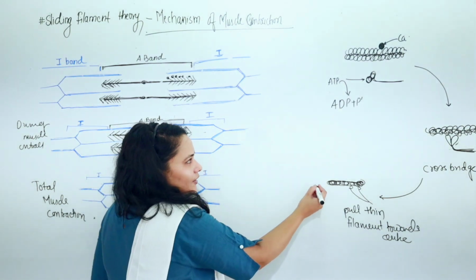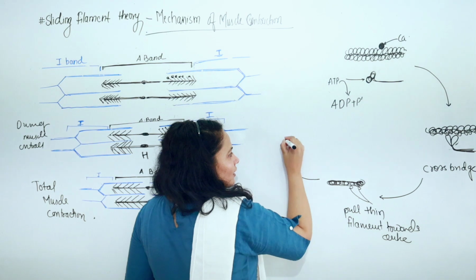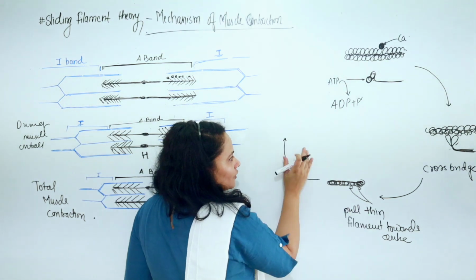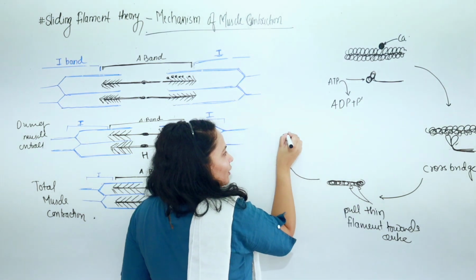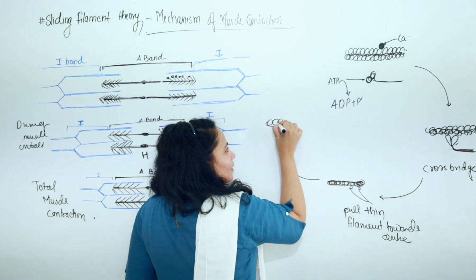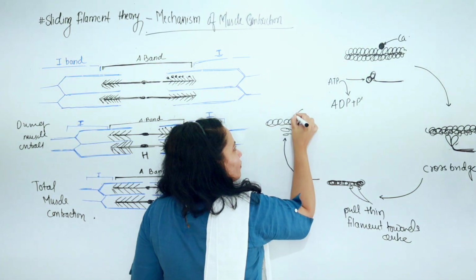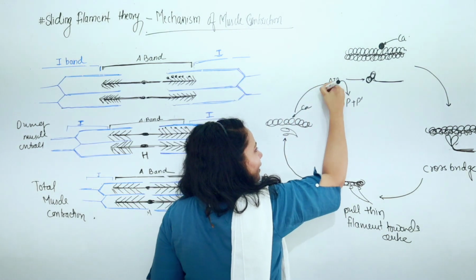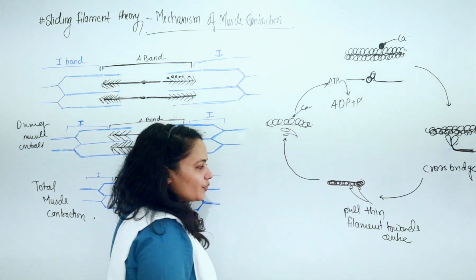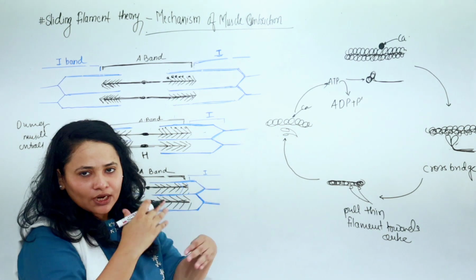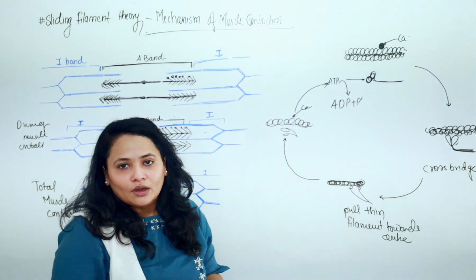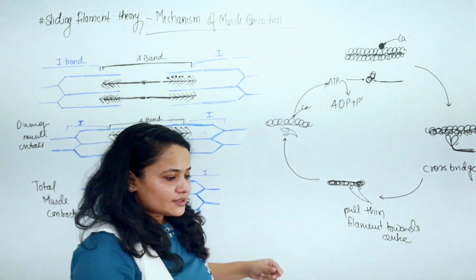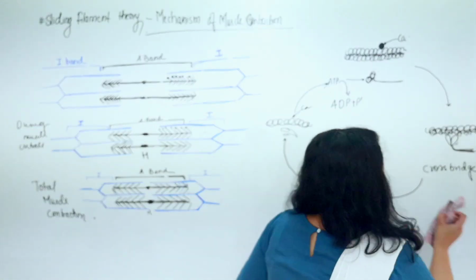Once the thin filament is at the center, again ATP is used up. So again the head will come down. Here new calcium will bind and then again the ATP gets hydrolyzed and then again the cross bridge is formed and pulls the thin filament. So it goes in a repeated sequence. So now let us understand how this thing goes on.